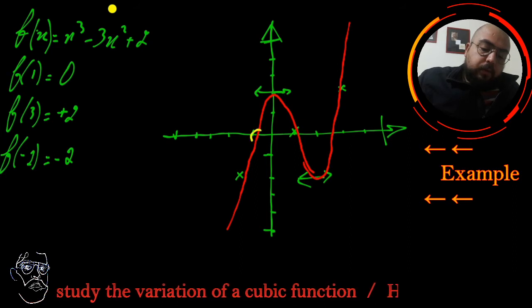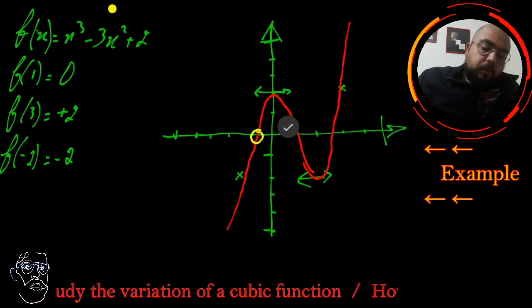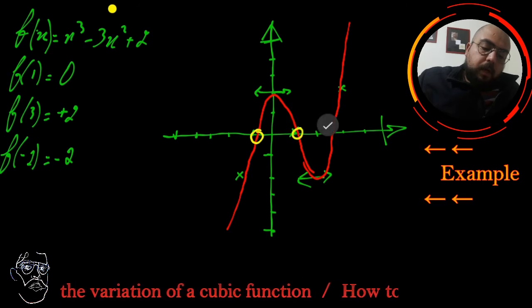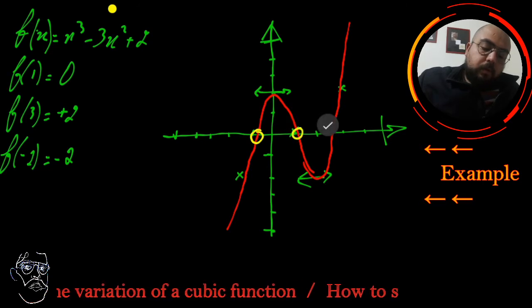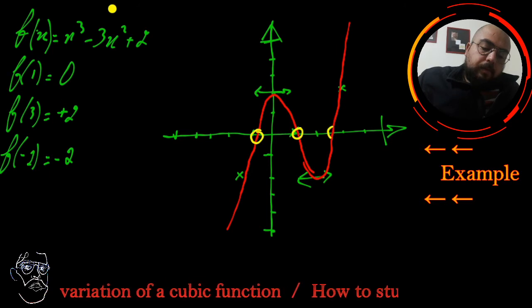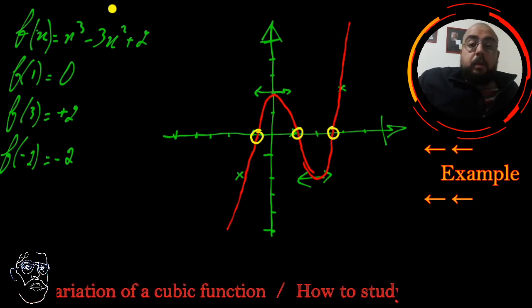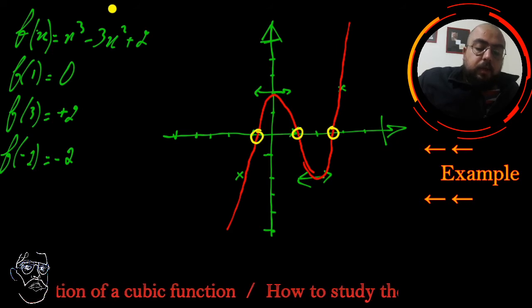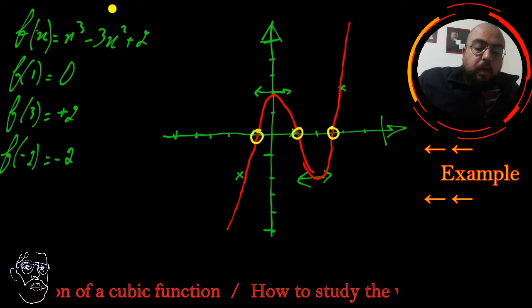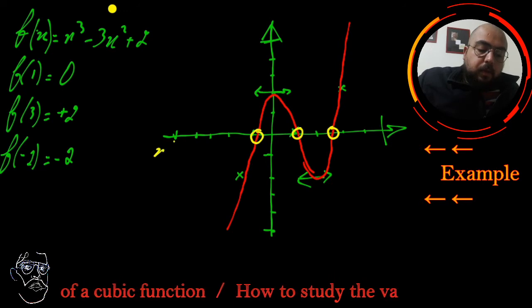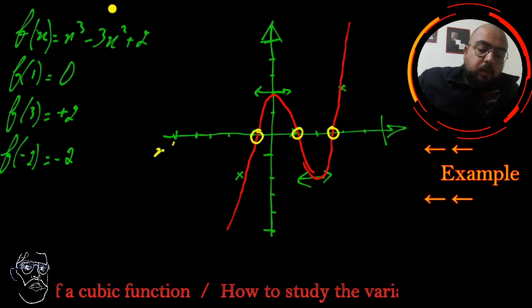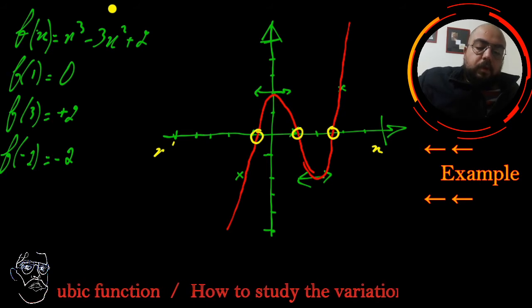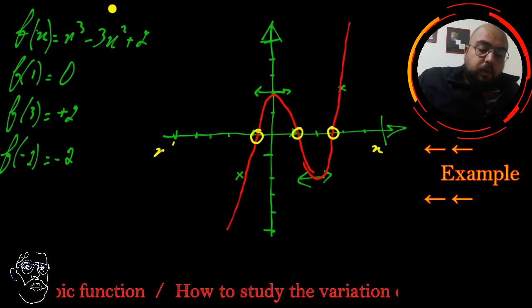This is the first root, the second root, and the third root. These are the roots, since your curve, which is in red, is crossing the x-axis 3 times. So these are 3 distinct real roots.